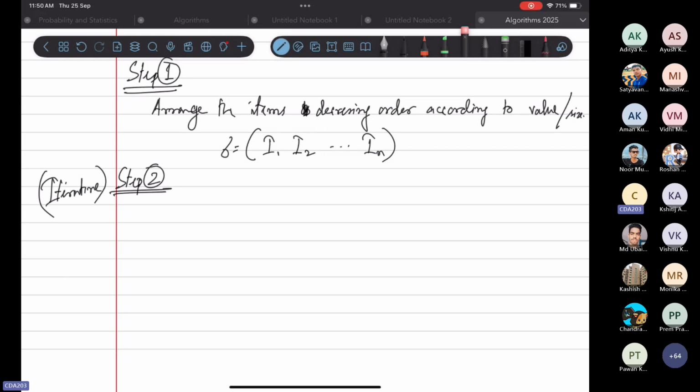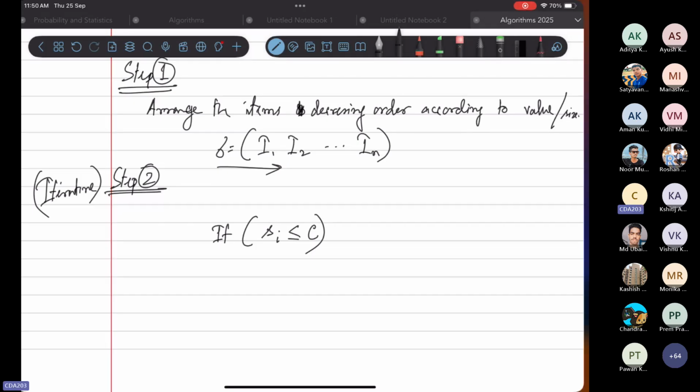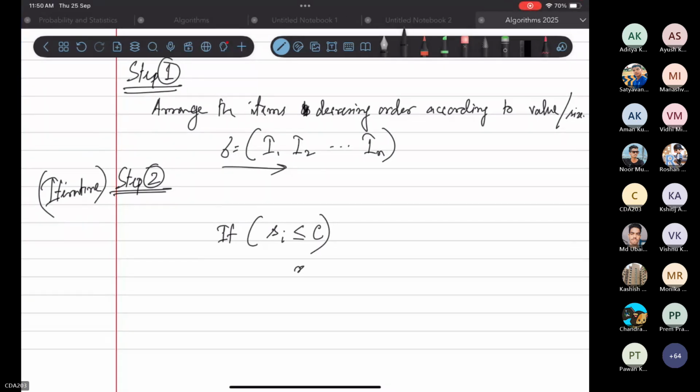So if I see the size of the ith item, in this ordering, I'm processing the items in this ordering. If I see the ith item is less than the capacity, what does that imply? Then xi is, what does that mean? The whole size of the ith item is less than the capacity.